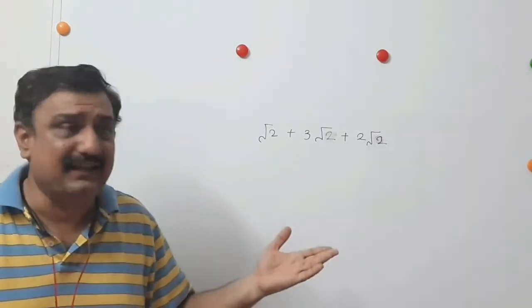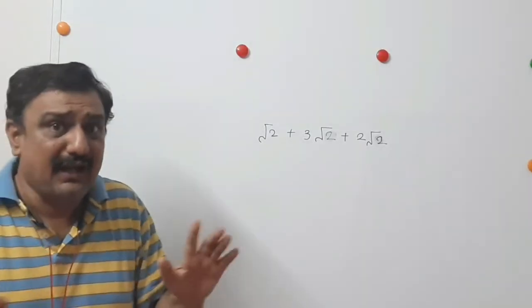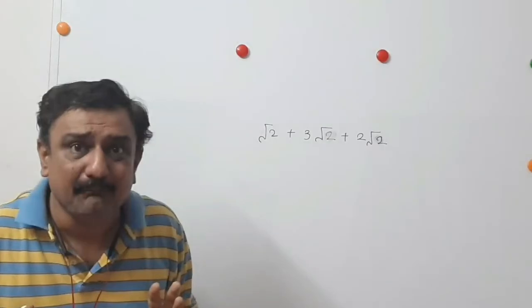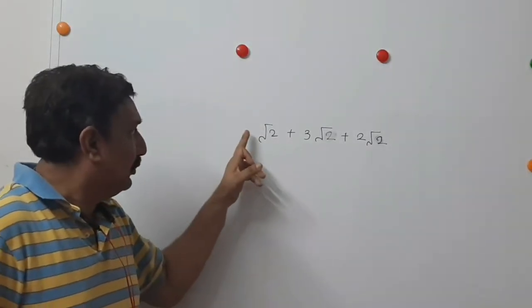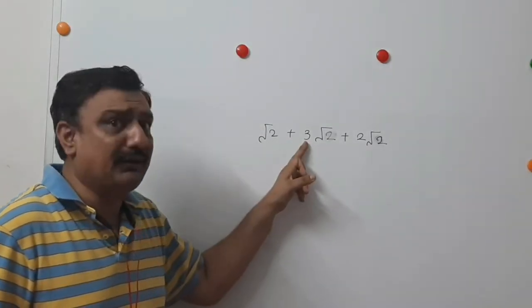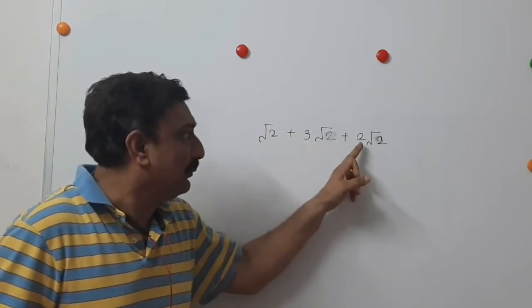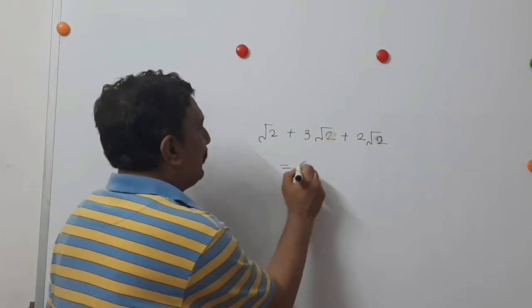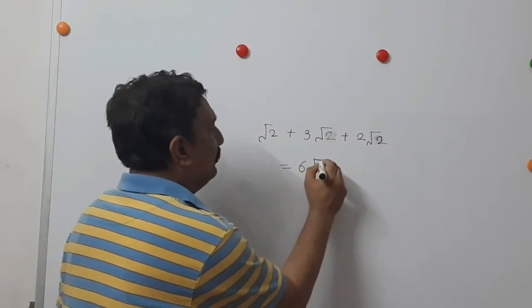You can easily add them by adding their coefficients and keeping the algebraic irrational number as it is. So 1 root 2 plus 3 root 2 is 4 root 2, and 4 root 2 plus 2 root 2 is 6 root 2.